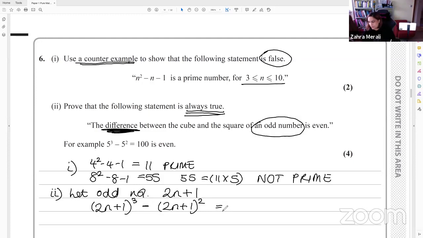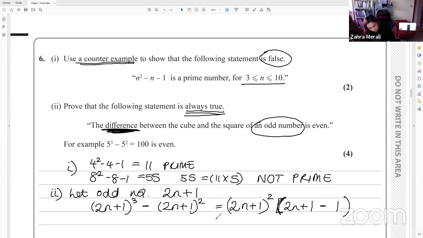Now, if you want to be able to open that out quickly, we can see there's a common factor. So the common factor here is (2n plus 1) squared, and that's been multiplied by (2n plus 1 minus 1). So if you were to open this out, you'd end up with that. I don't really need the big square brackets.